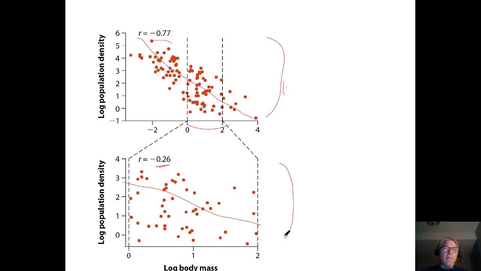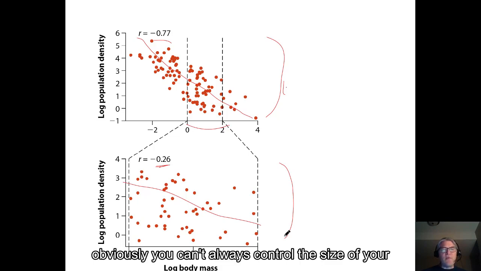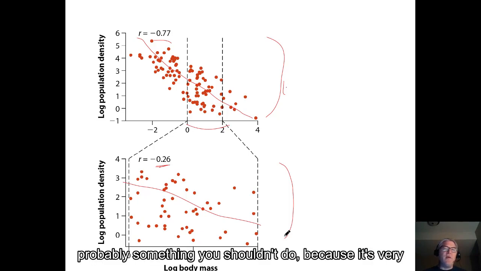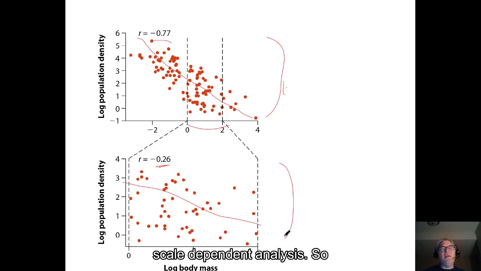So obviously, you can't always control the size of your data set and the range of values that are found in your study, but it's important to realize this, particularly if you're comparing correlation coefficients. Really, comparing coefficients around variables that have different magnitudes is probably something you shouldn't do, because it's a very scale dependent analysis.